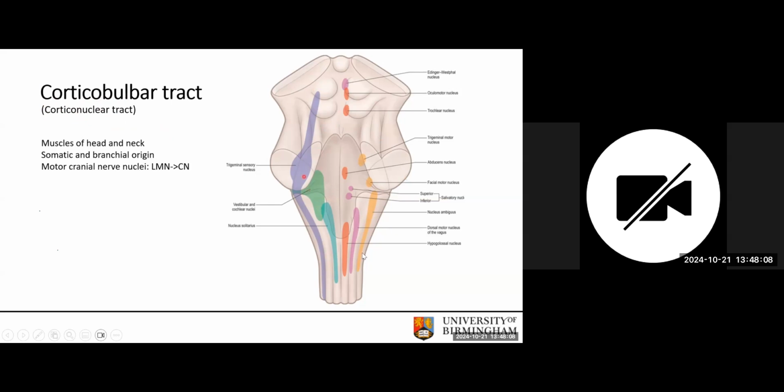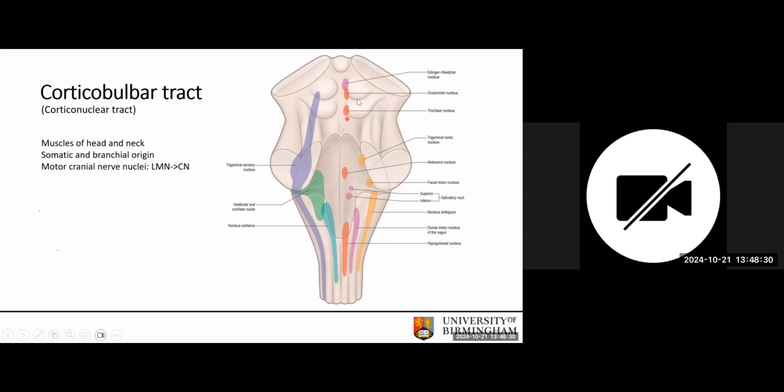I don't want to confuse you. I don't want you to learn the different names now. I'm just showing you how they are located in the brainstem.